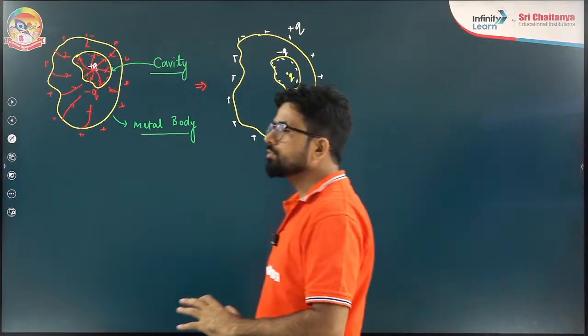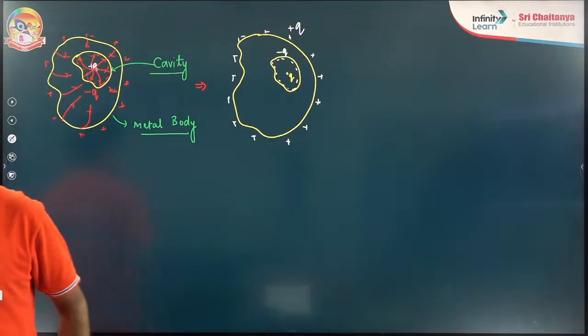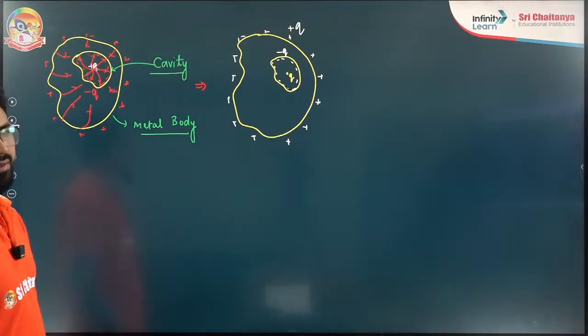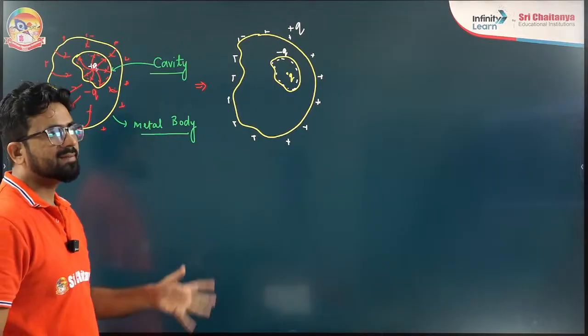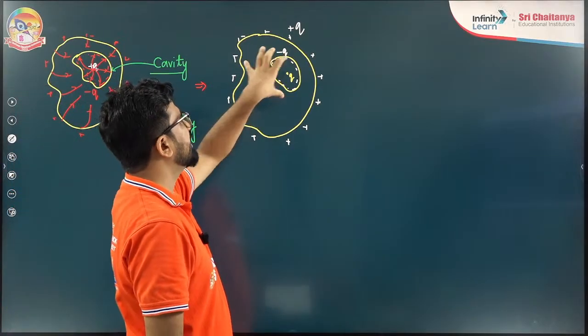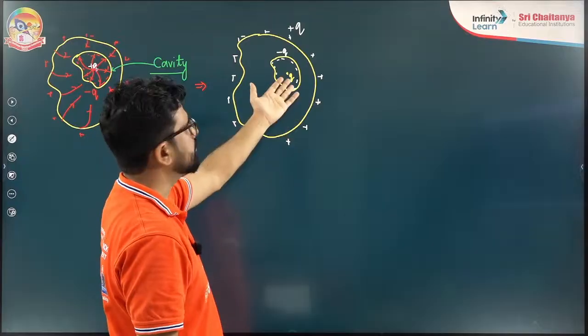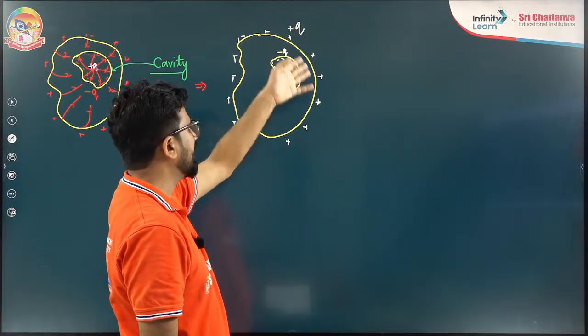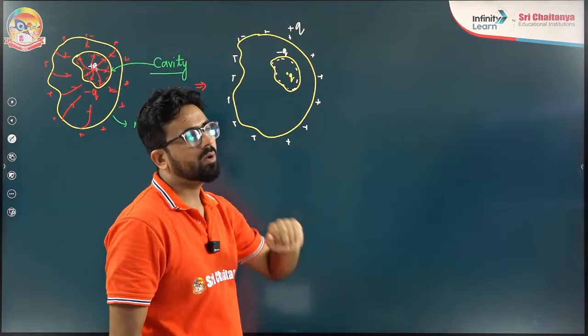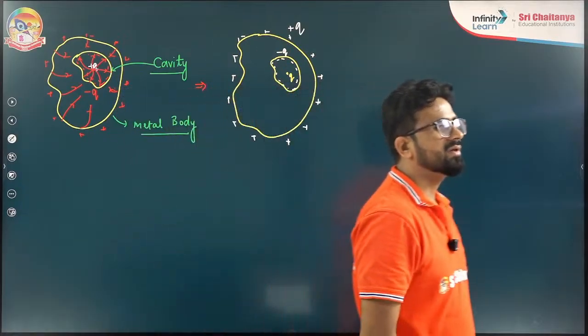Okay, how to write the charge? Inside the conductor, again I am asking the same question, what is the net charge? 0. This is plus Q, this is minus Q, net becomes 0. So whatever charge remains, it remains only on the outer surface.